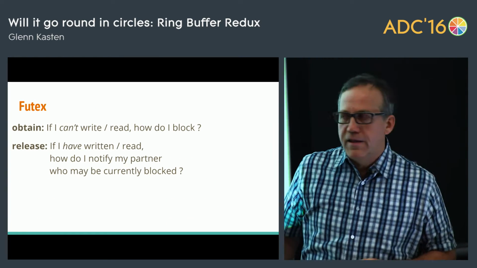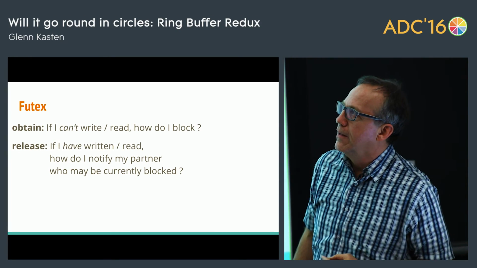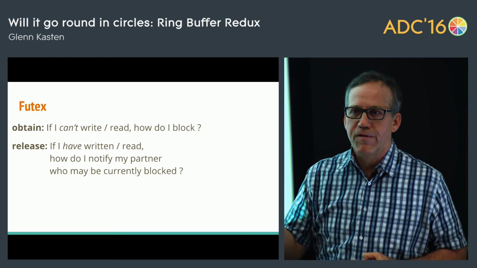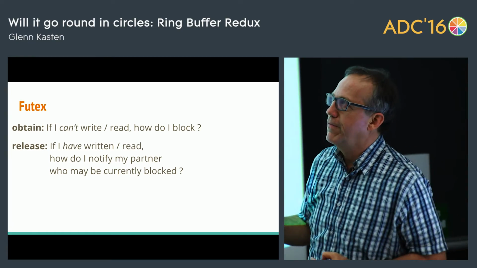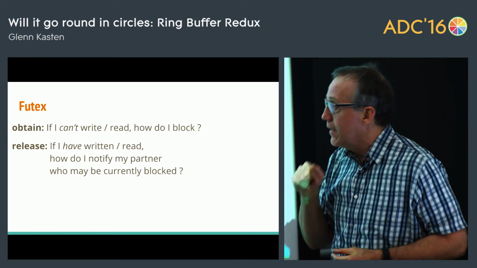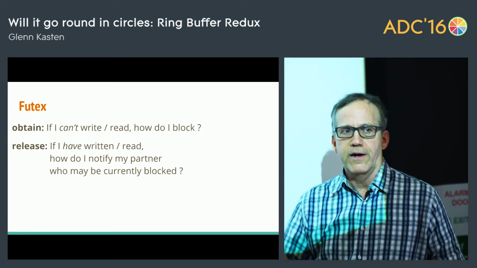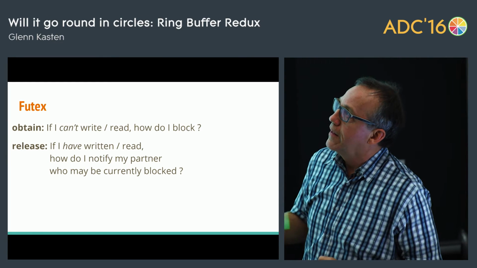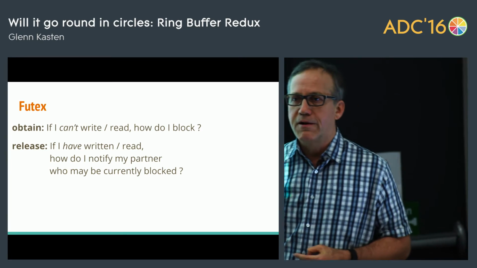So the load acquire and store release basically answer the question, how do you read and write the indices? The Futex, this is a Linux-specific system call, answers the question, how do I notify the other side that I have updated the index? In the case of the obtain phase, it's how do I block?